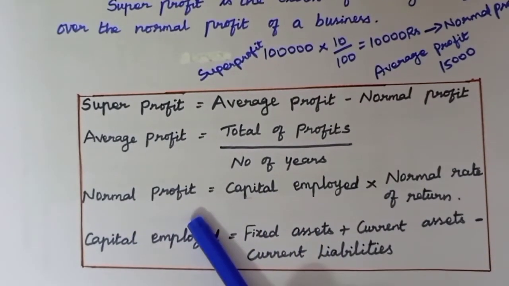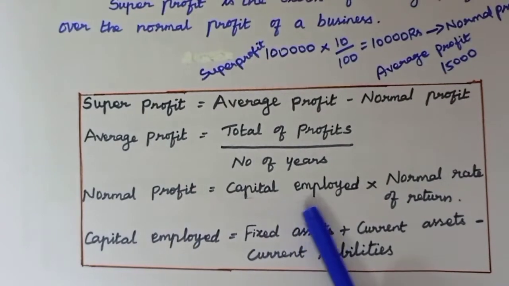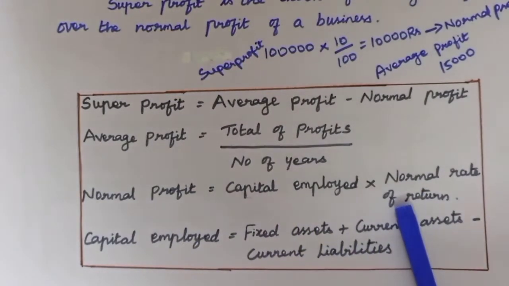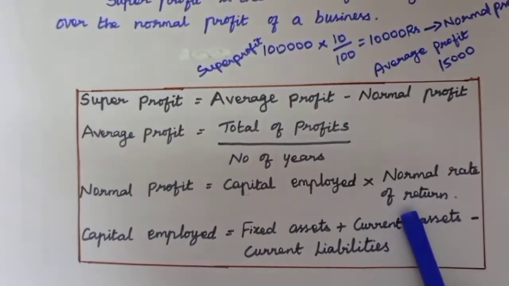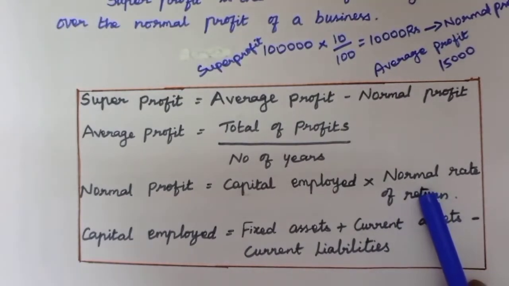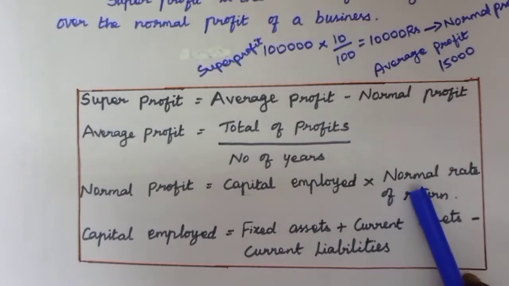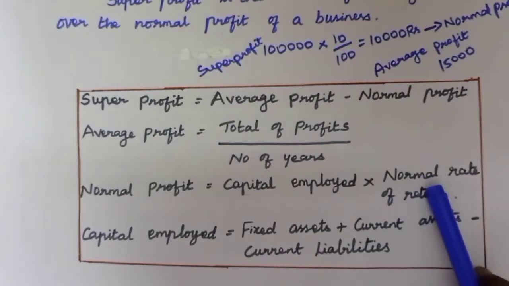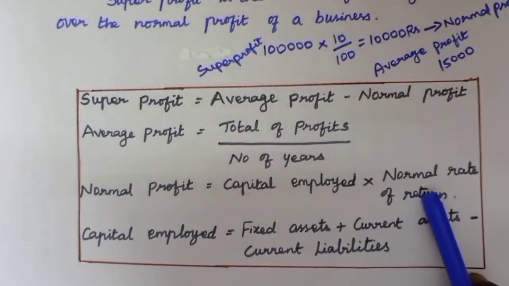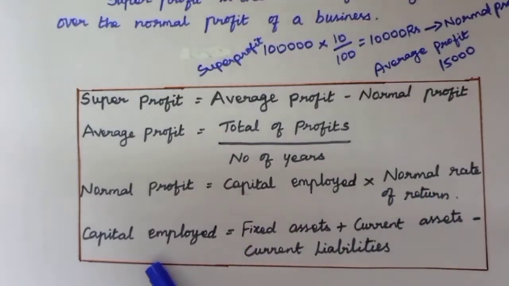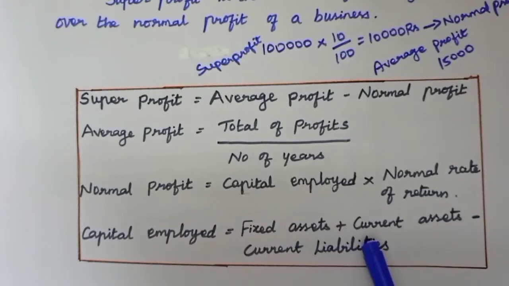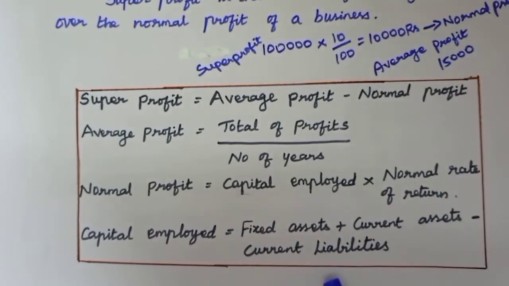Normal profit is equal to capital employed into normal rate of return. What is normal rate of return? Normal rate of return is the rate at which profit is earned by similar businesses under normal situations. Capital employed is equal to fixed assets plus current assets minus current liabilities.